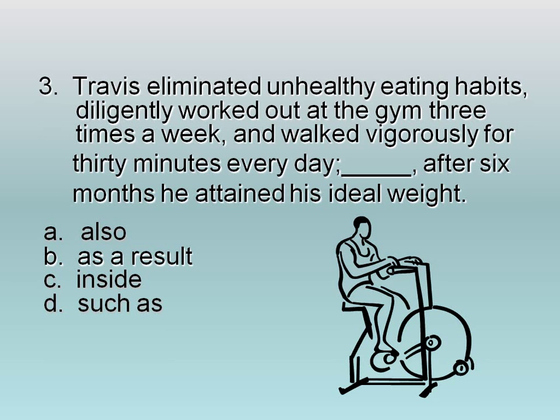This sentence brings two topics or ideas together. The first part of the sentence deals with Travis's healthy lifestyle, as suggested by the list of details. The topic of the second part of the sentence is ideal weight. The second idea is the result of the first. The correct answer choice is choice B, as a result.